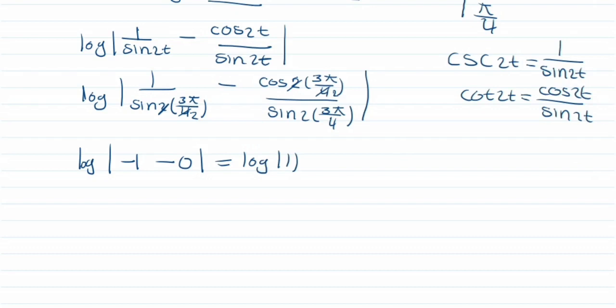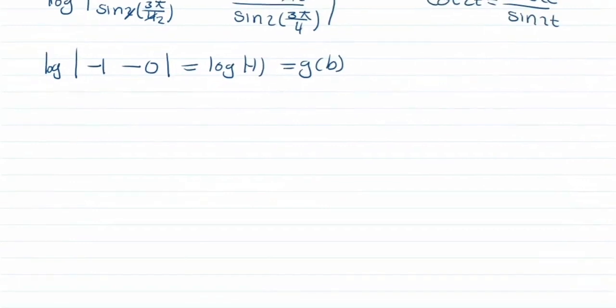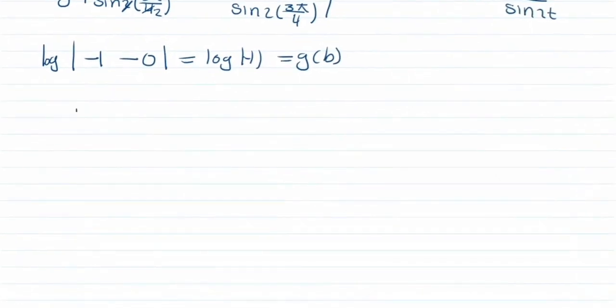Apart from this, we are going to plug in the lower limit and find its value. So let me just label this as my g of b. Then plugging in the lower limit, we're going to have log of 1 over sine 2 times pi over 4, minus cos 2 times pi over 4, then everything over sine 2 times pi over 4.